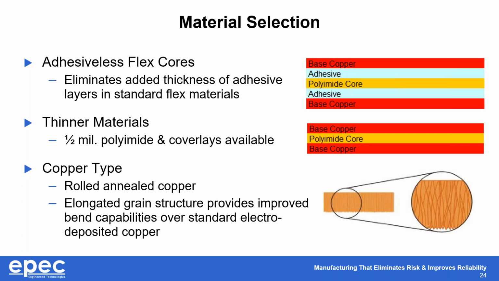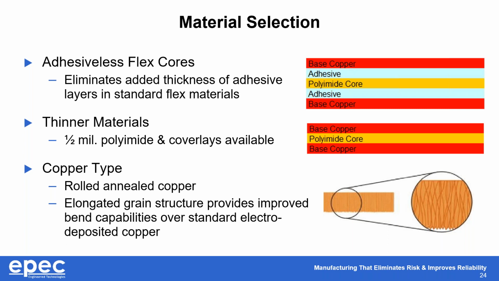And then there's the more recent one, the next construction down, also referred to as adhesiveless, where the copper is cast or attached directly onto the polyimide core without the need of any adhesive. You can see it inherently reduces the thickness of the material. Reduced material thickness results in improved bend capability.